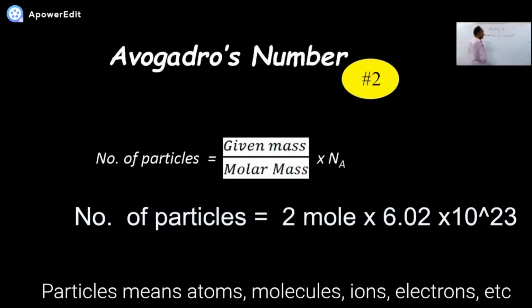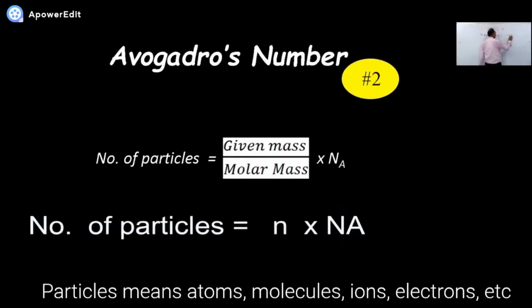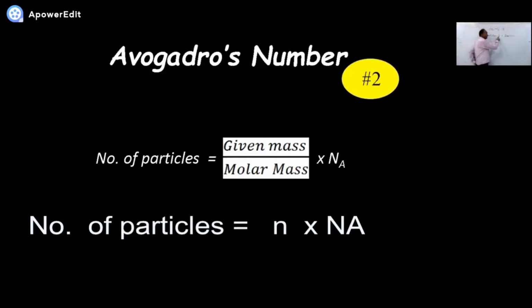So, instead of writing so big a number, can we write like this? What is this? Number of moles. It could be 1 mole, it could be 2 moles, it could be 3 moles. So that's why you write here N. If I ask, I have 5 moles of sugar, how many molecules it has?